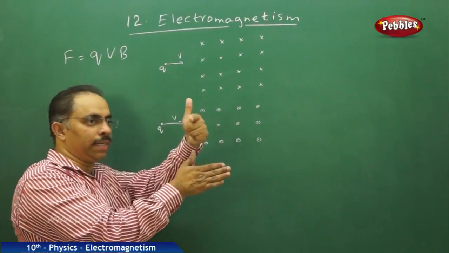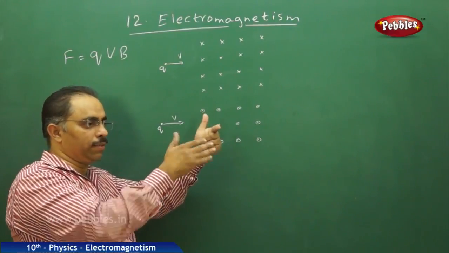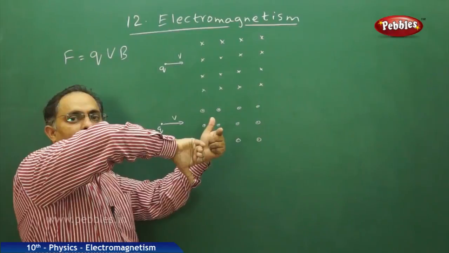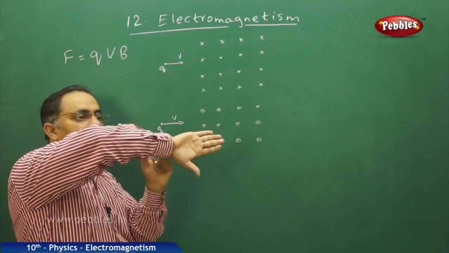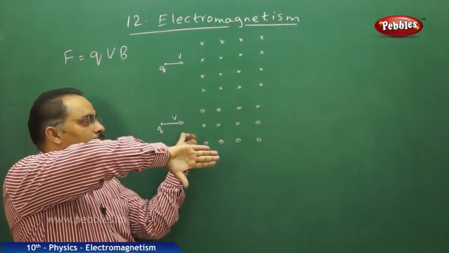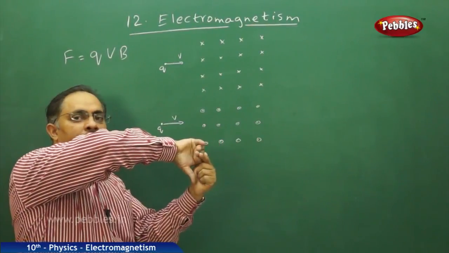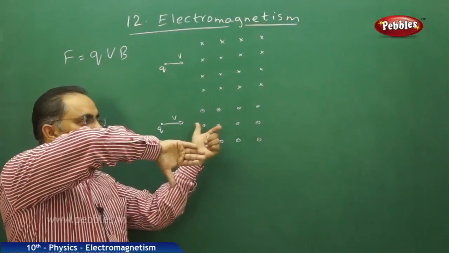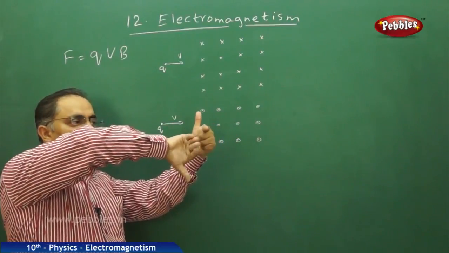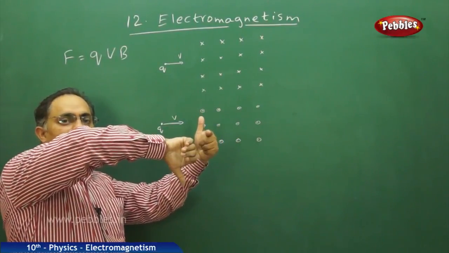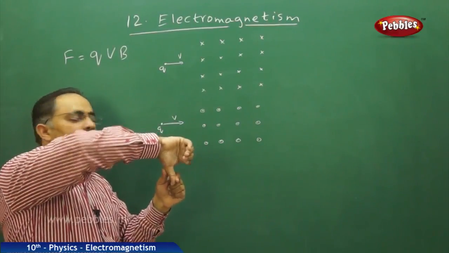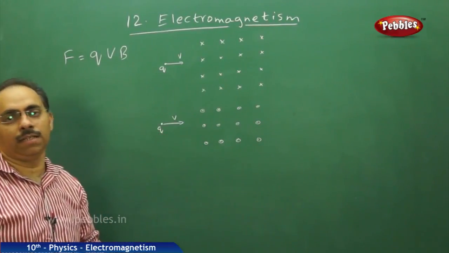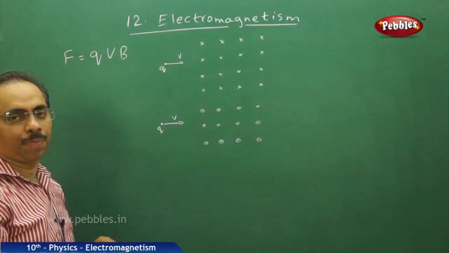The direction of the magnetic field is like this, coming out. So I cannot curl this way, I should curl this way. I should tilt my hand, with my fingers in the direction of the velocity, and curl them in the direction of the magnetic field, coming out of the board. When I curl them in this direction, my thumb is pointing downwards. This downward direction will be the direction of the force on them.